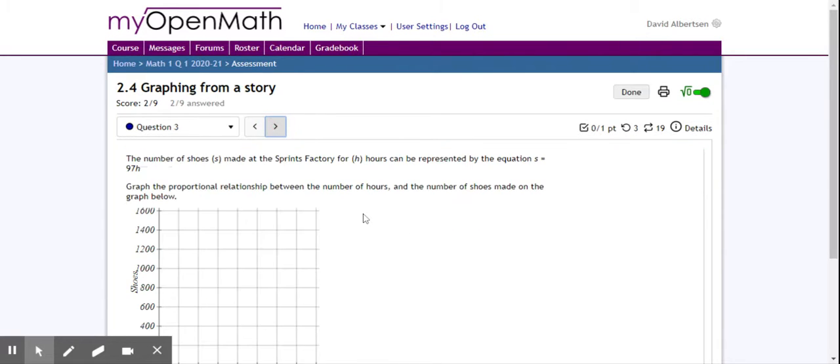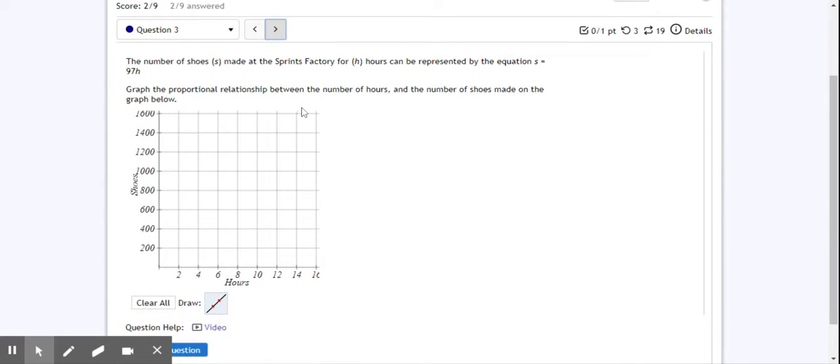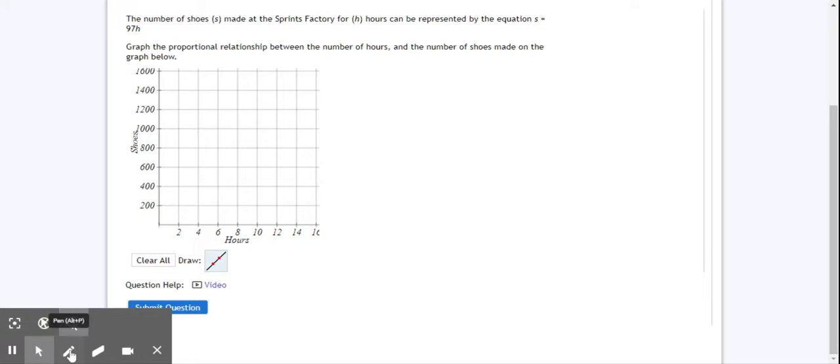Let's try the next one. The number of shoes made at the Sprints factory for h hours can be represented by the equation shoes equal to 97 per hour, 97 shoes an hour. So, how many shoes would you have made when the factory first opens in the morning? Well, none, right?